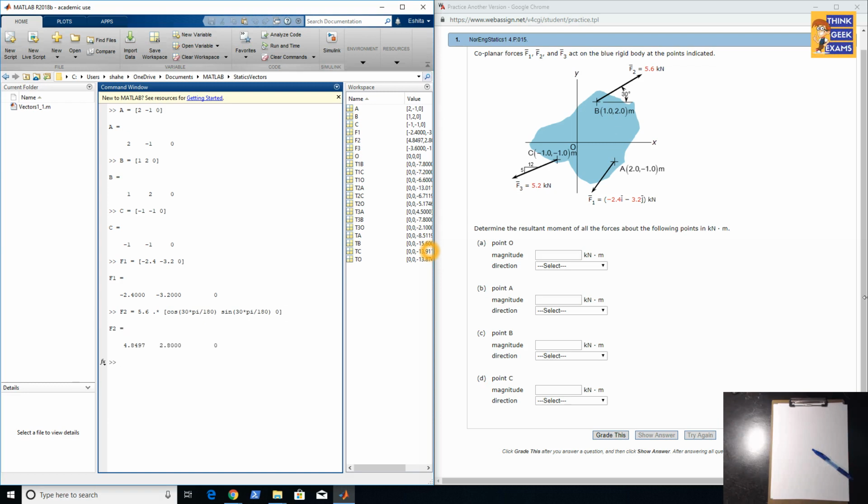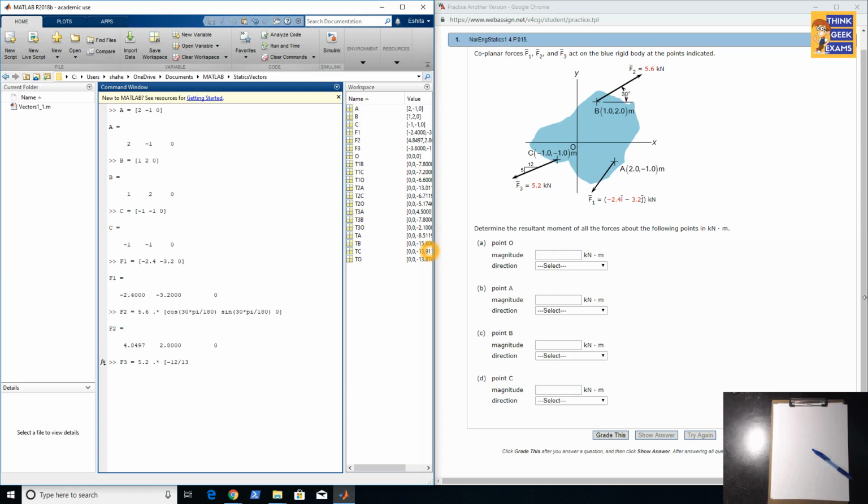And finally, F3, it's pretty similar. The magnitude, do a scalar multiply of the vector, and the x-axis is -12 over 13. We have a right triangle here, 12 by 5.